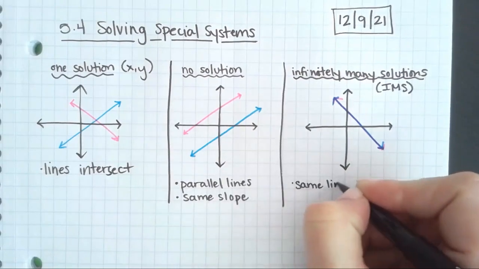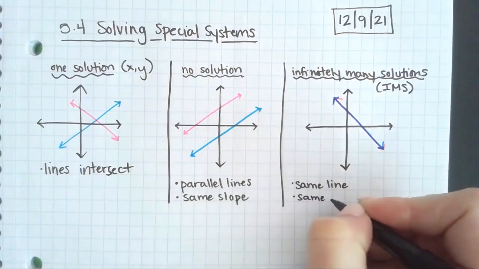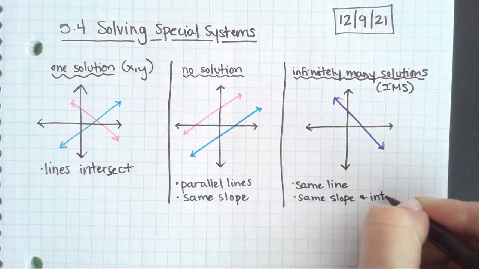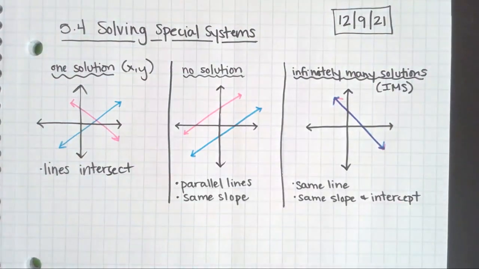Same line, meaning same slope and same intercept. So they will be literally the exact same line. Okay?